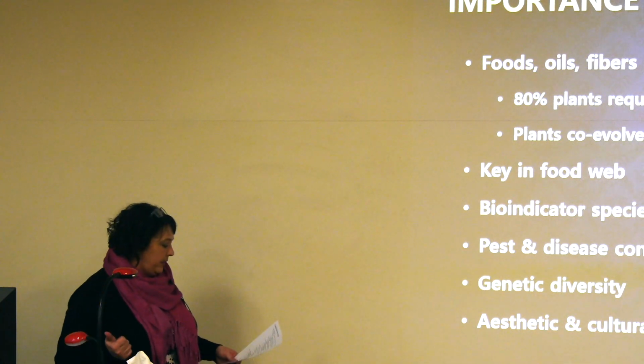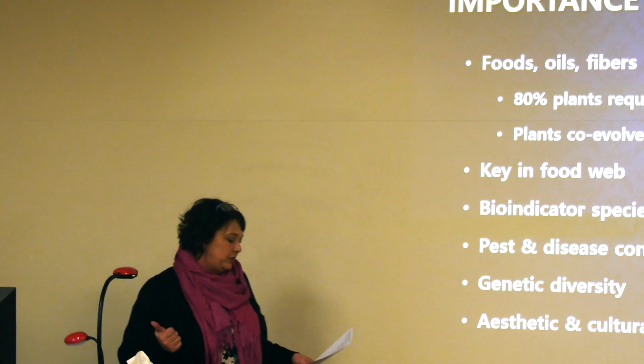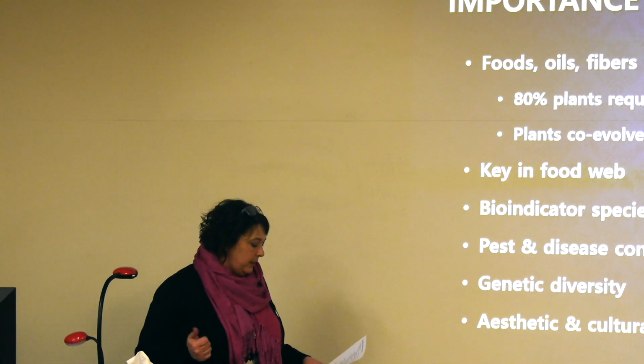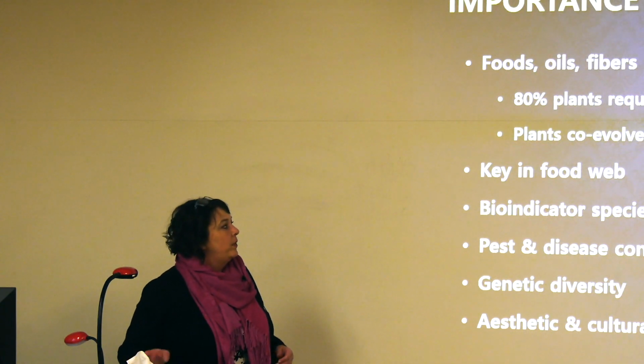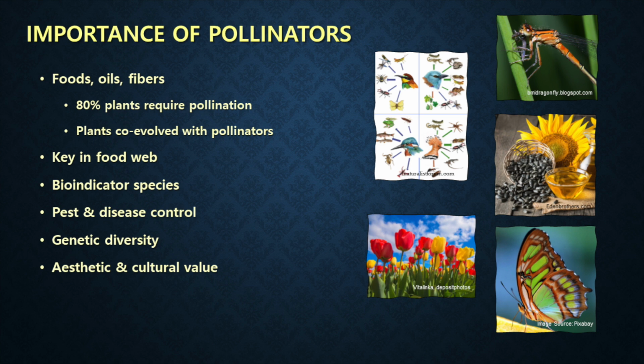Ecosystem stability: pollinators help maintain structure and function of the ecosystem, and with that, the reproduction of plants. Okay, a lot of insects are actually used as indicator species for ecosystem health, and you could actually parallel that into your garden. The more insects you have, the more beneficial insects you have, because there are some not so good insects, right?